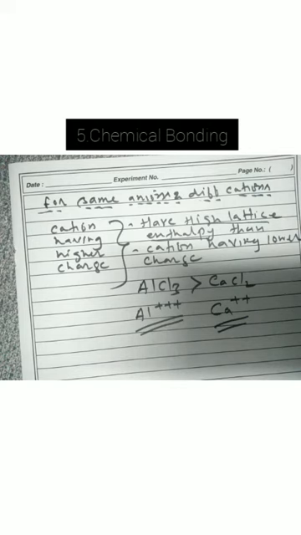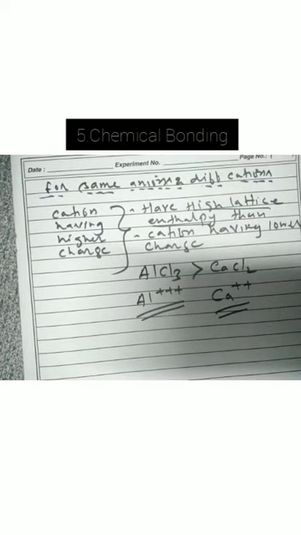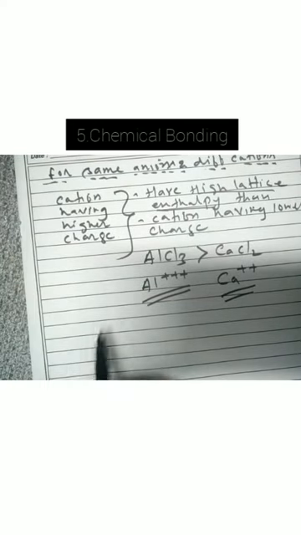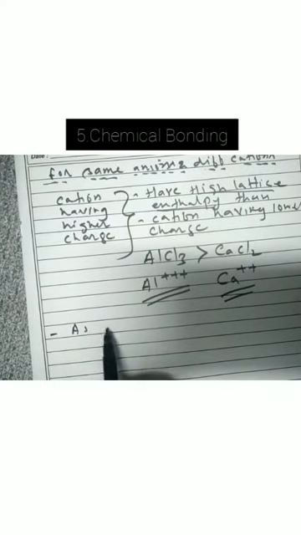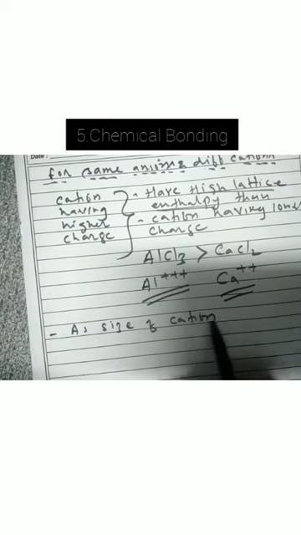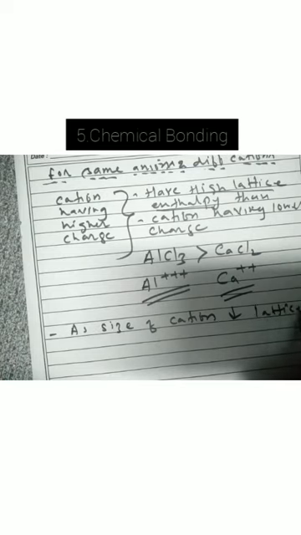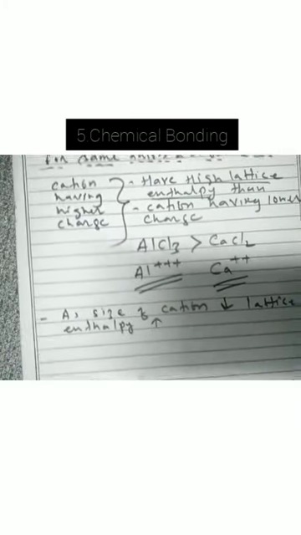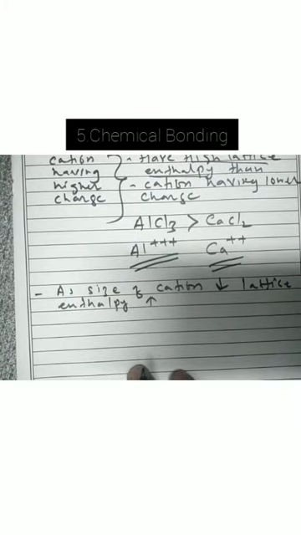Okay. Now next, as the size of the cation decreases, lattice enthalpy increases. As the size of the cation decreases, the lattice enthalpy increases.